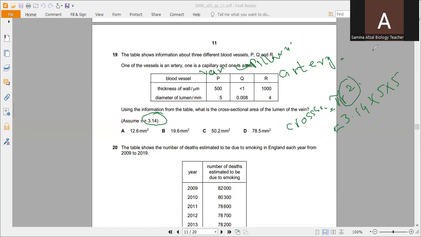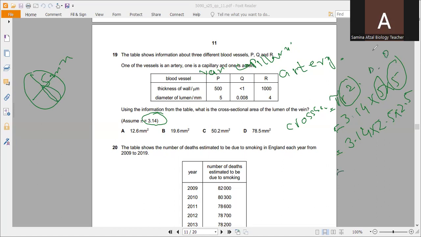They have given us the diameter, which is 5 millimeter, so the radius will be half of this, which is 2.5.